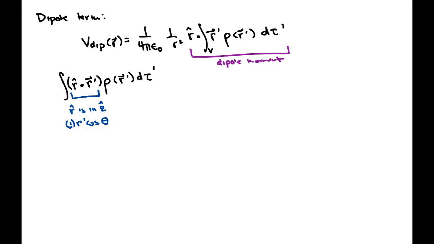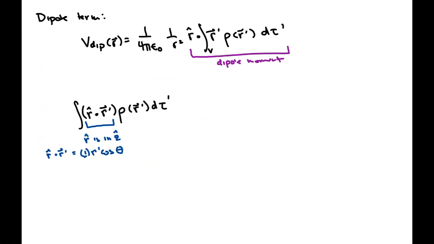And that's how the dot product always works. Okay, so that means that, let me scooch this around, I can rewrite my volume integral here as r prime cosine theta rho d tau.